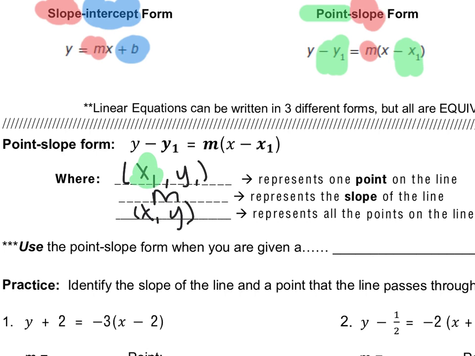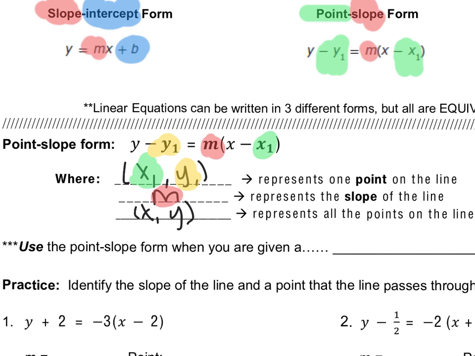Notice that you have an x1. Well, that x value is going to go in our parentheses on the right-hand side in place of x1. You're also going to have a y value in your point, and that's going to go over here on the left side of the equal sign, and you're going to have your slope, your m, which is going to go in front of the parentheses like it always has.